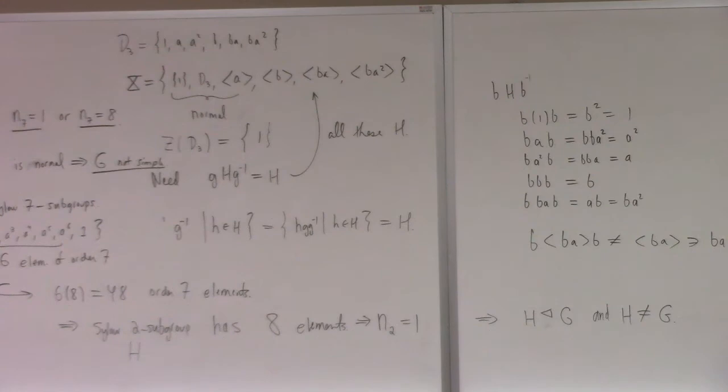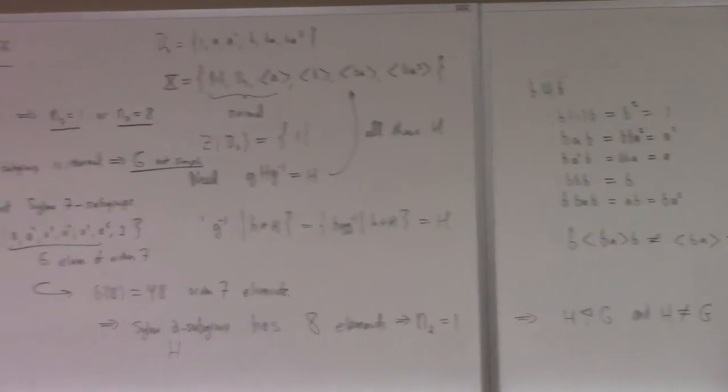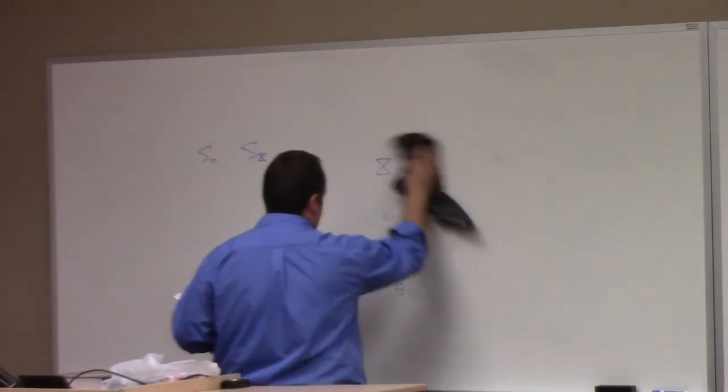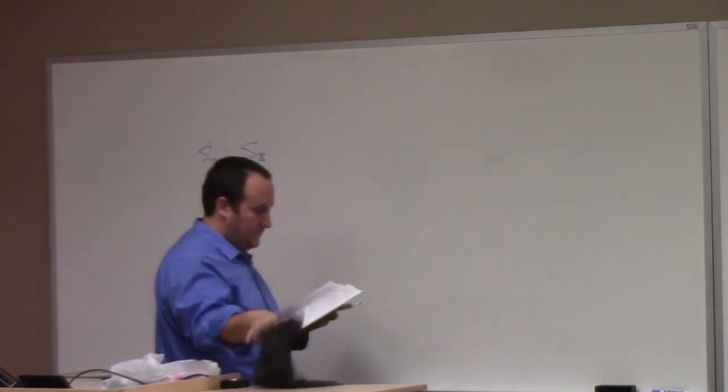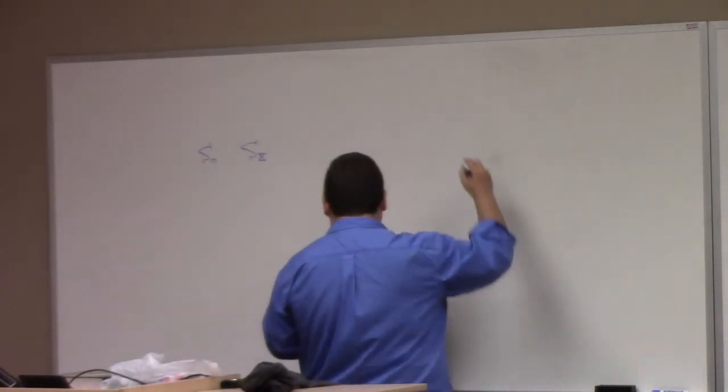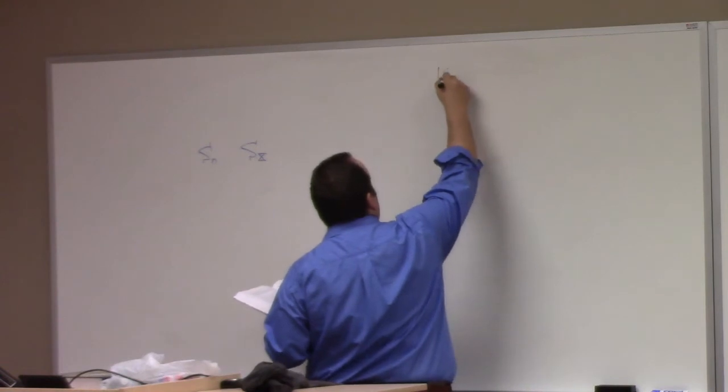We're supposed to show that a group G is not simple if the order of G is 40. Oh, why am I erasing this? That was dumb. Suppose the order of G is 40.